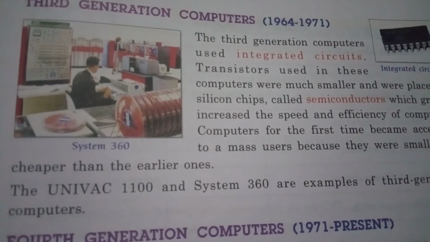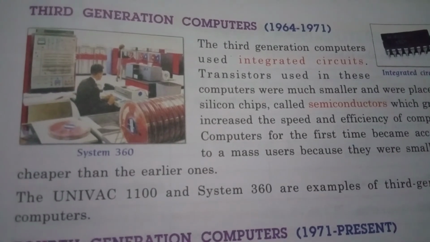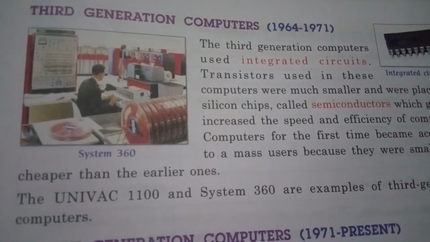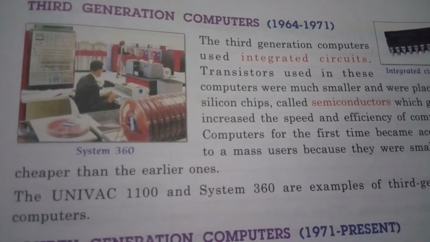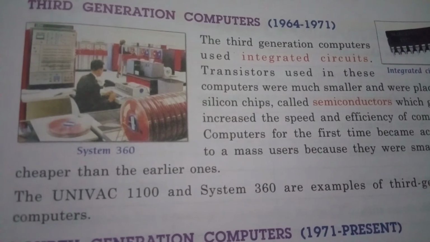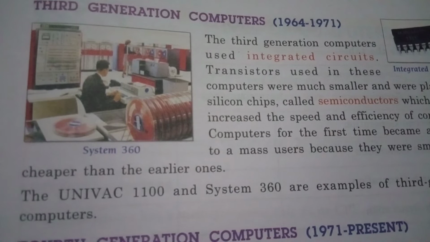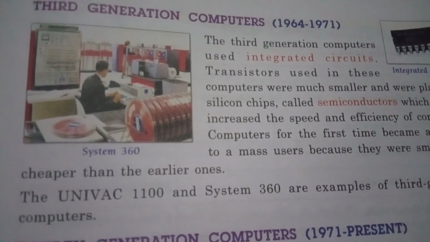Power consumption is less, easy to operate. Now they are available to a number of people. Means in third generation, computers are available for the number of people.